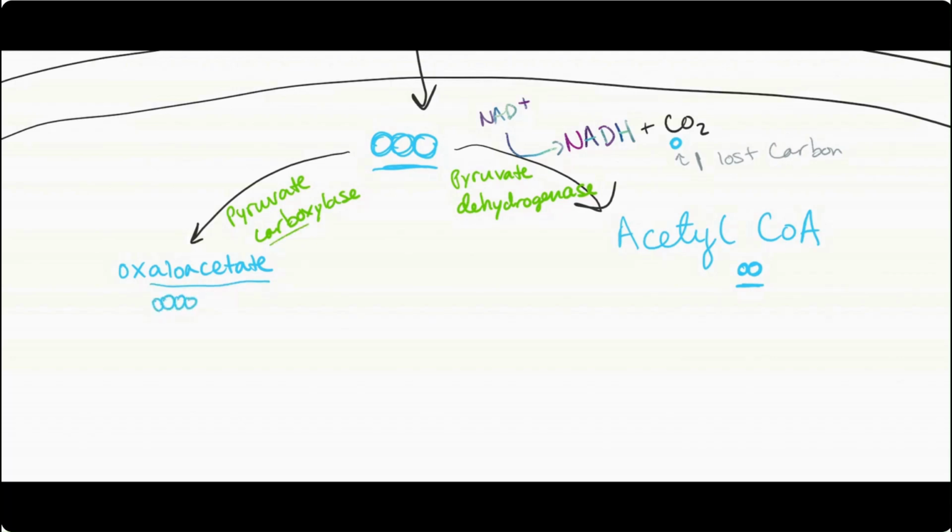It's called a carboxylase because it adds a carbon to our molecule, all right? So in one direction we're losing a carbon, in the other direction we're gaining carbon. Both are absolutely critical to the citric acid cycle. So let's keep it going. The way that the cycle goes is actually in this direction. But this step right here over to the left is very important because it actually contributes to step 2 or 3, depending on how you look at it, in the citric acid cycle.